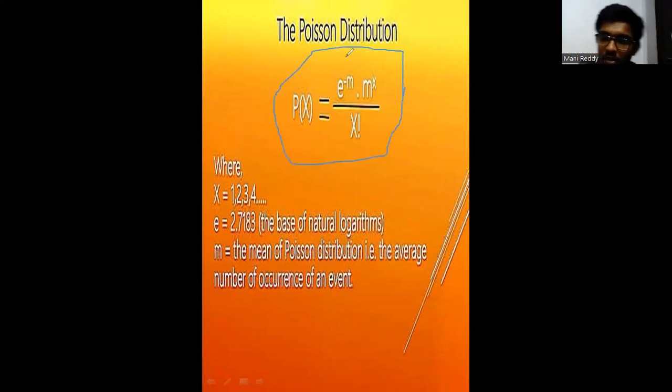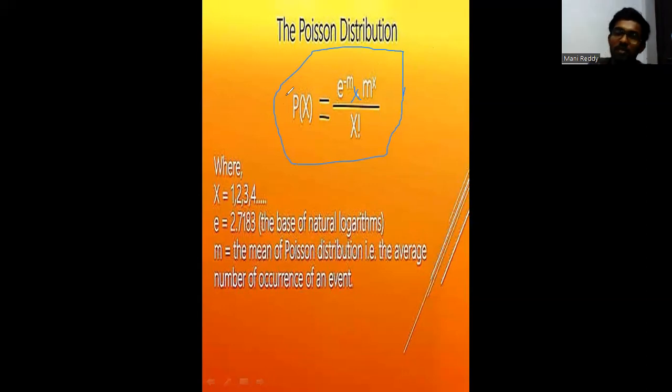P of x equals e power minus m into m power x by x factorial. This is the Poisson distribution formula. Wherever the number of trials is very large, we will use this Poisson distribution to find the probability.